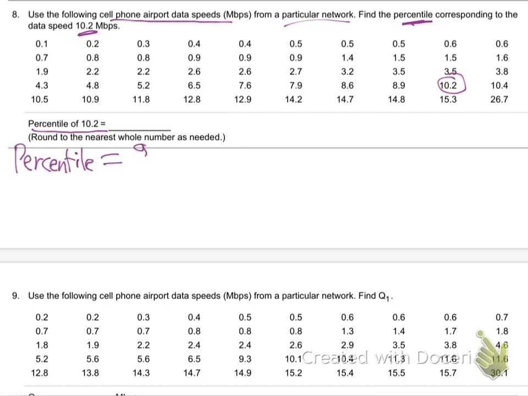Percentile equals percent of the data below.